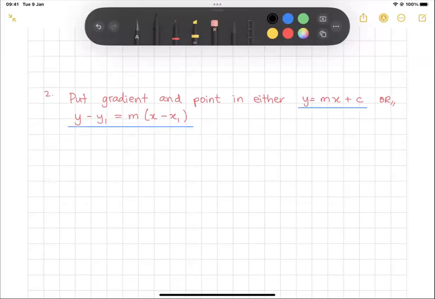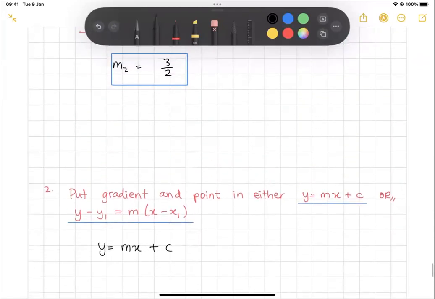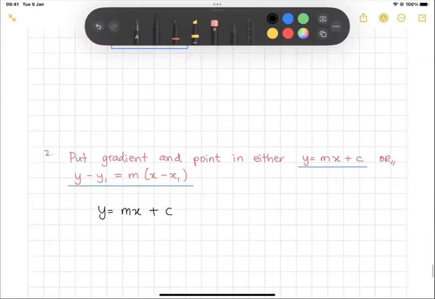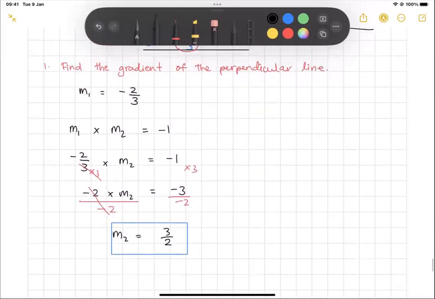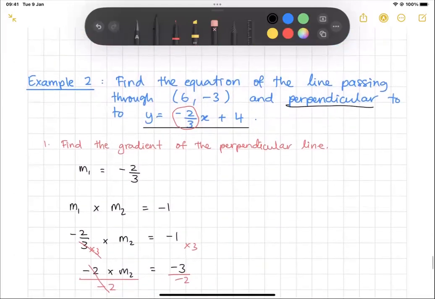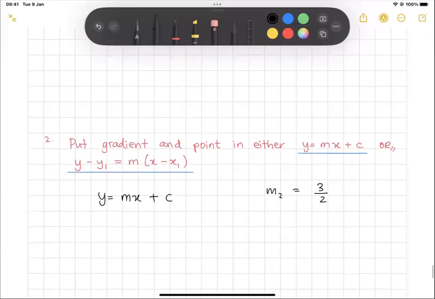Okay, I'm just going to use the gradient-intercept form here. So y equals mx plus c. I found that the second gradient for my perpendicular line, m2, is 3 over 2. And my point, let's look at the question, my point is 6, negative 3.